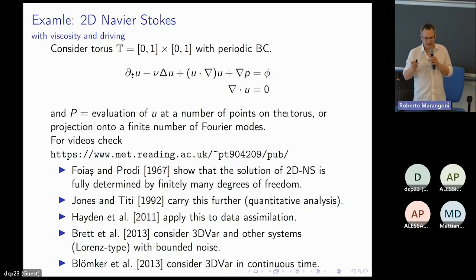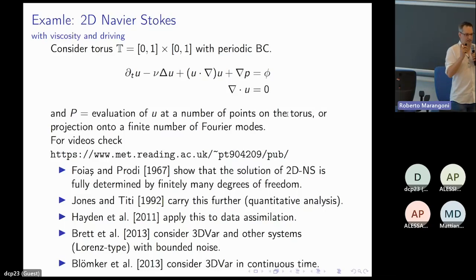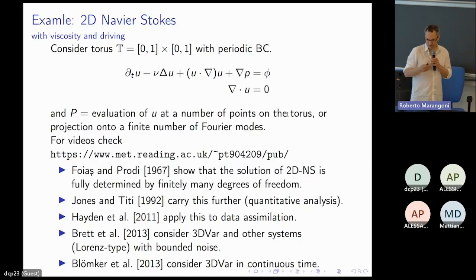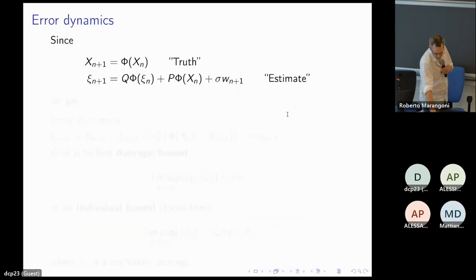So meaning that as time goes to infinity, there can be at most one solution of 2D Navier-Stokes that is consistent with a projection of this solution onto finitely many modes. Right, assuming, let me repeat this, that you observe enough modes.